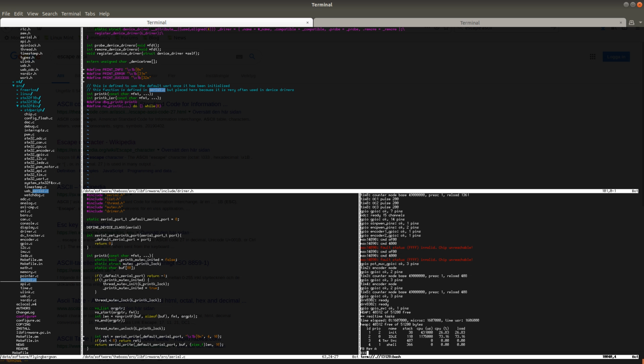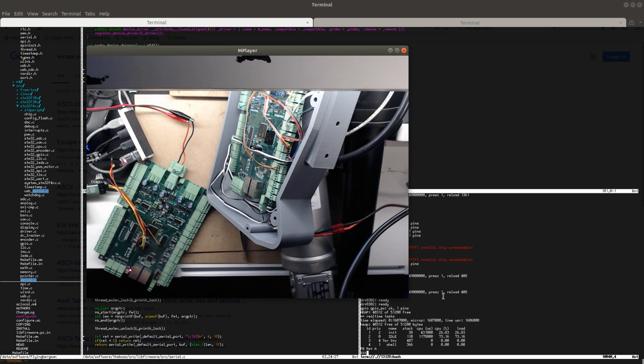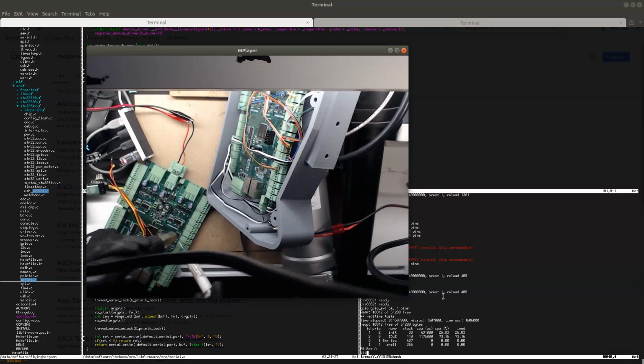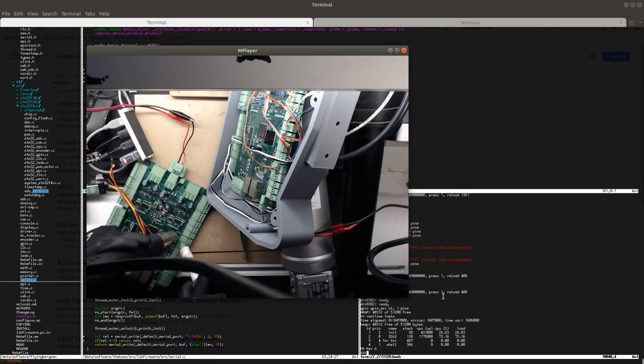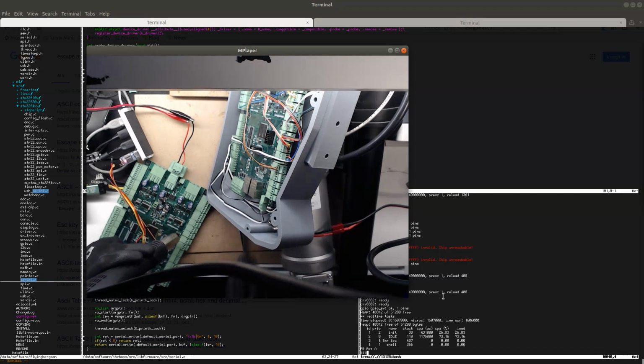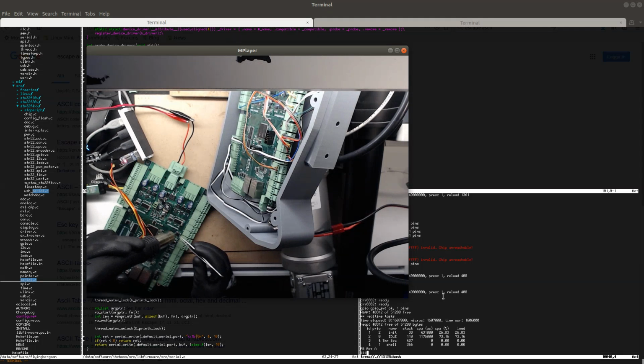Okay, let's see if we can get at least one of them working. So there's two chips. One is here and one is on the other side.